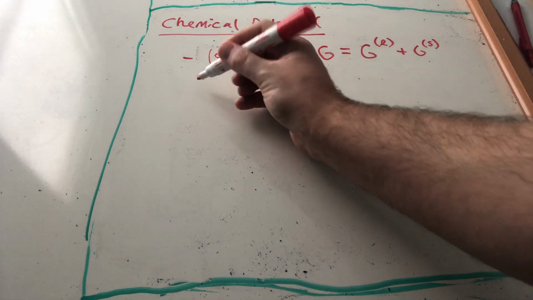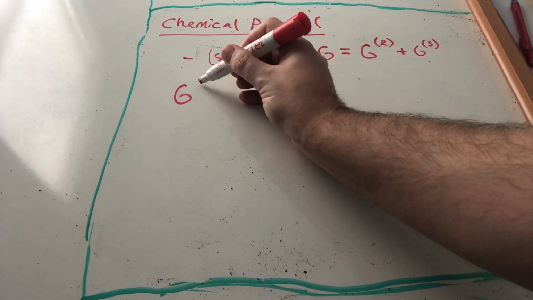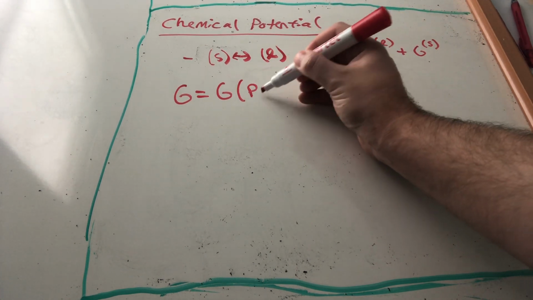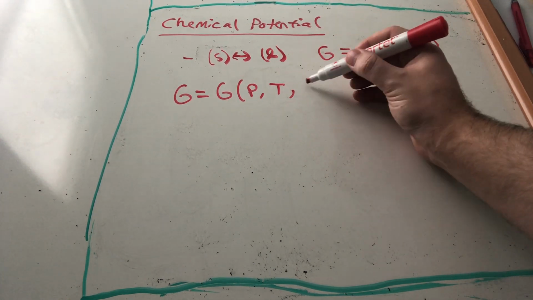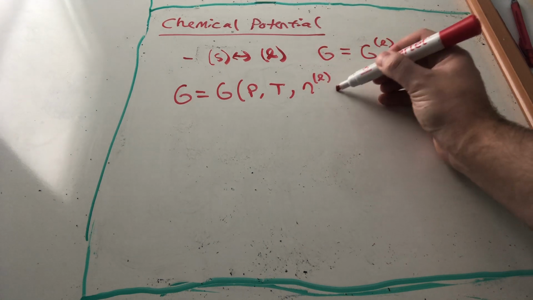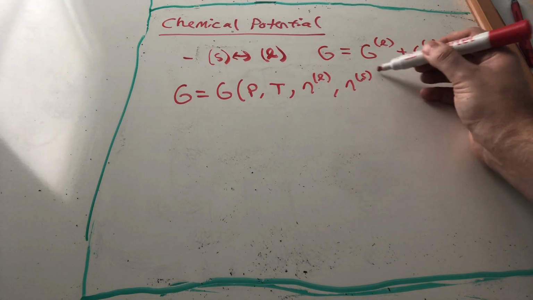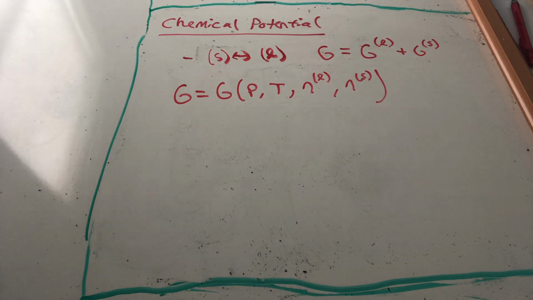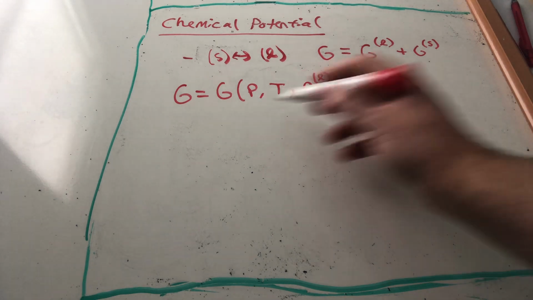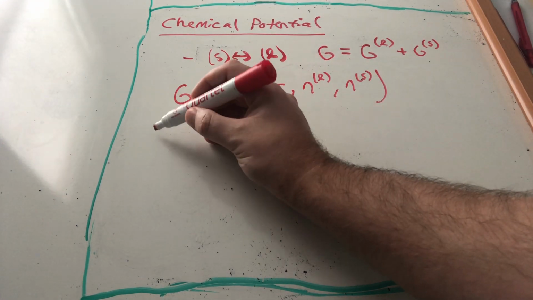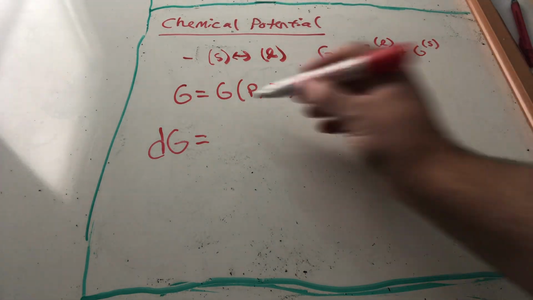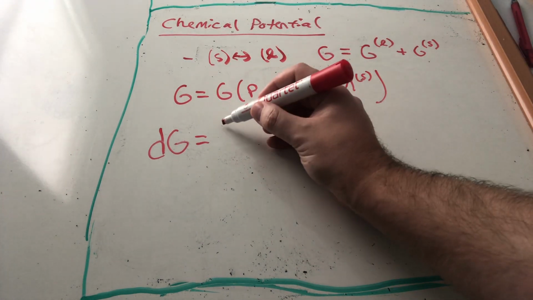So let's approach this like we've been doing all semester. What is G a function of? It's a function of P, T, N for the liquid, and N for the solid. We're doing this for the solid to liquid transition, but it is applicable for whatever transition you're looking at. So I can write a dG based off of these four variables.